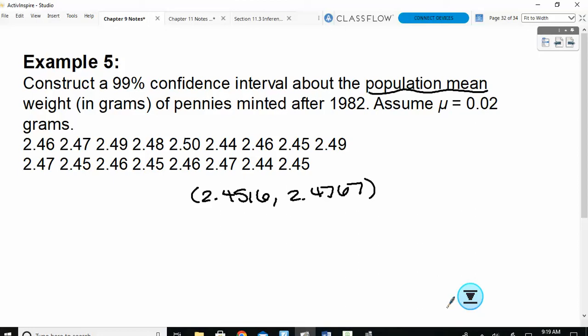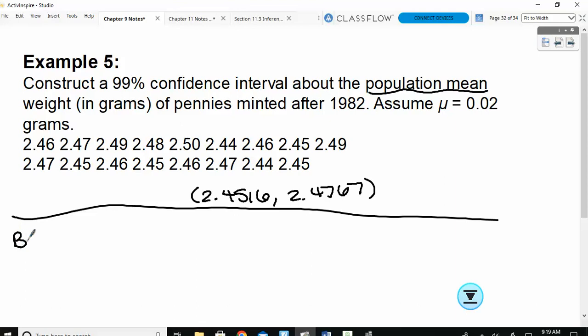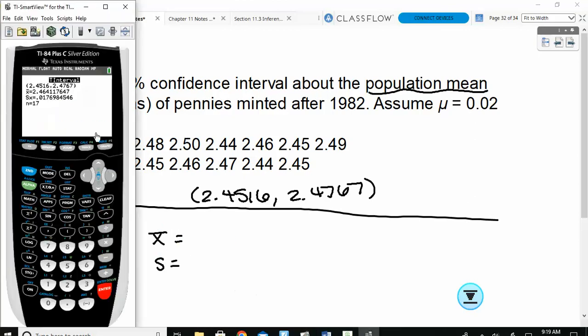Did everybody get that? If I asked you to interpret it, we would be 99% confident that the average weight of a penny is between these two numbers. Let's just talk about if I had to do it by hand. You would have to have your x bar and your s, which we can get from our calculator.